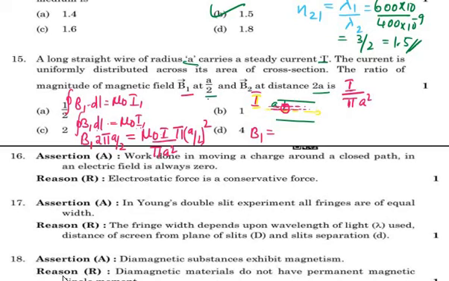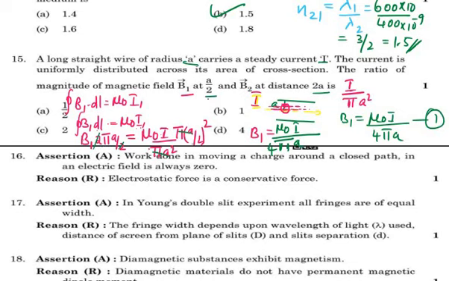The pi A square and pi A square will get cancelled over here. You will be getting B1 is equal to mu 0 I divided by A by 2 whole square. So the 4 is here and in the 2 pi A by 2, the 2 and this 2 will get cancelled. So you will be getting mu 0 I by pi into 4 into A will come. So 4 pi A will come. So this is the magnetic field, that is B1 is equal to mu 0 I divided by 4 pi A. This is the magnetic field due to the first part. So we are writing it as equation 1.